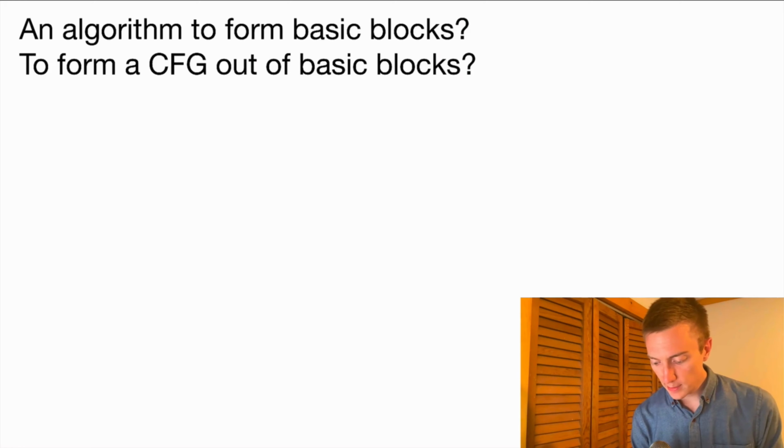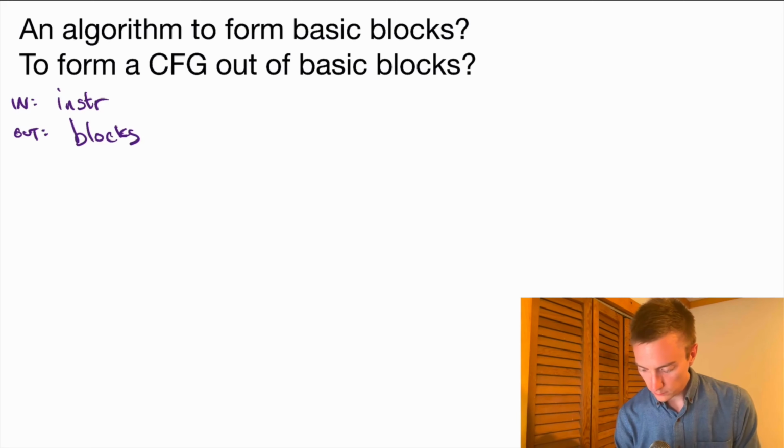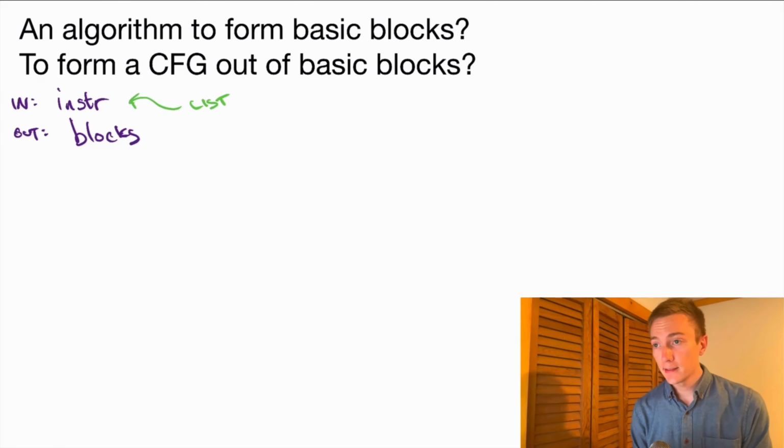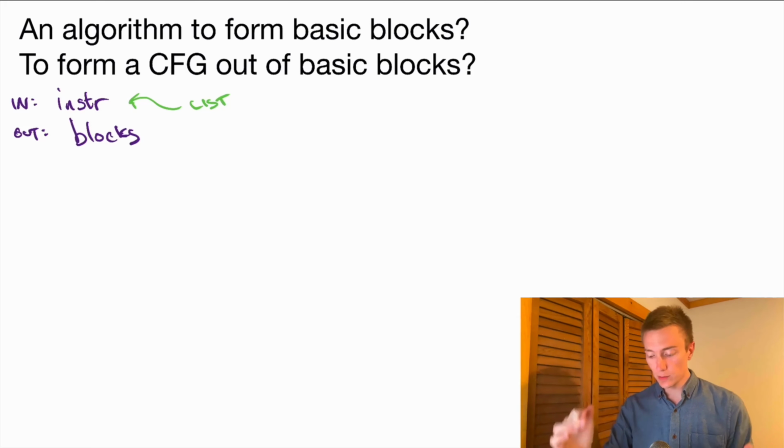The way this is going to work is that you're going to start with an input list of instructions, and you're going to produce an output list called blocks. So this thing is just the flat list of instructions and labels that you've seen so far.